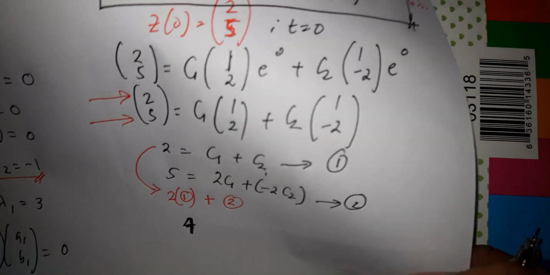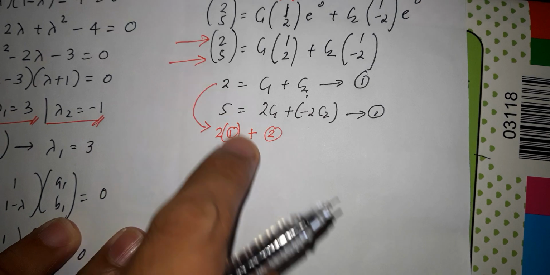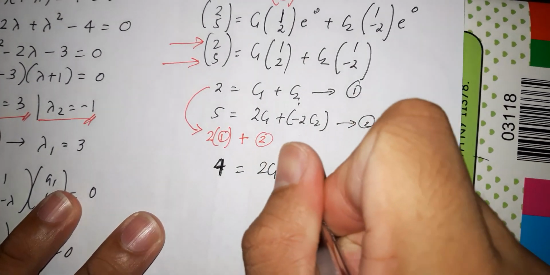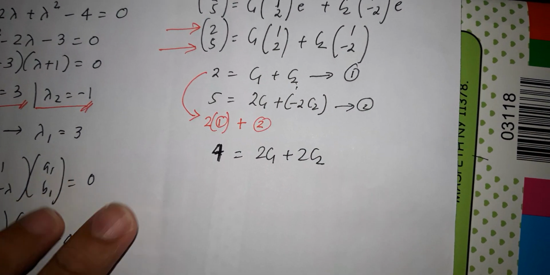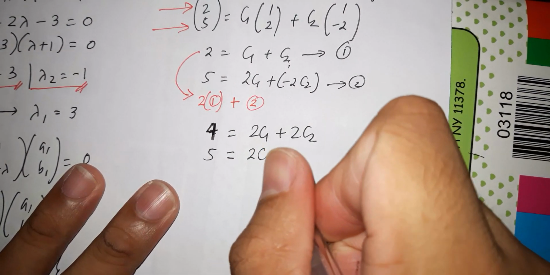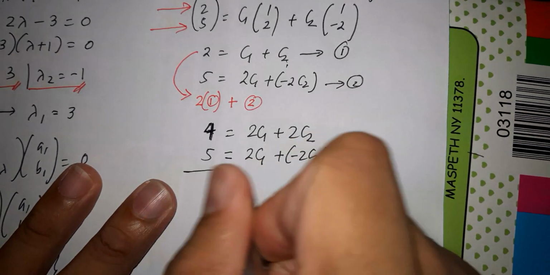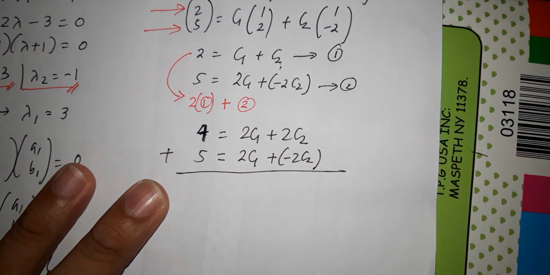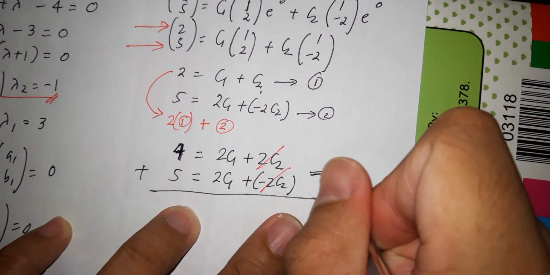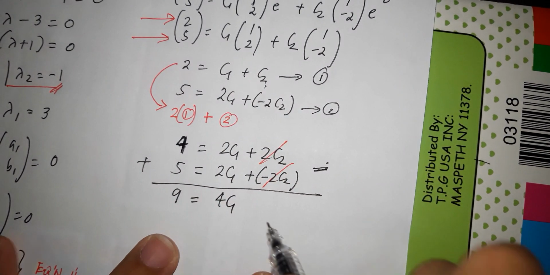Again, we multiply equation 1 by 2. 2 times C1 and 2 times C2 is 2C1 plus 2C2. Then, you have 5 equals 2C1 plus negative 2C2. When we add, that cancels out. We get 9 equals 4C1.